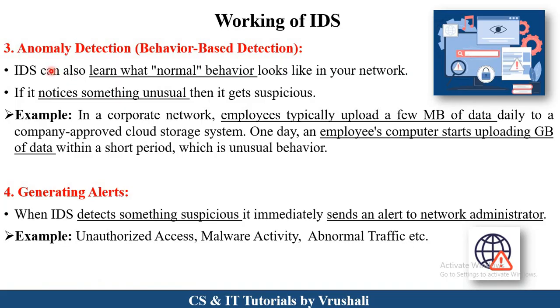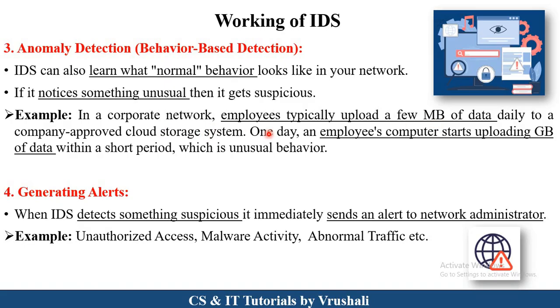Now, the next is anomaly detection, which is also called behavior-based detection. This IDS, other than the rule book, also learns about the normal behavior of the user. That's why they track unusual behavior in a particular network. For example, in a corporate network, there are multiple employees who regularly upload a few MB of data daily to the company's cloud storage.